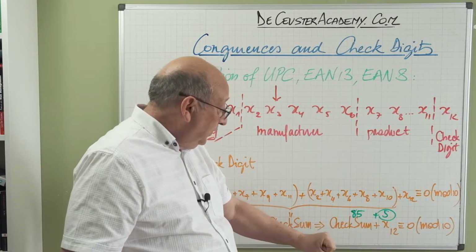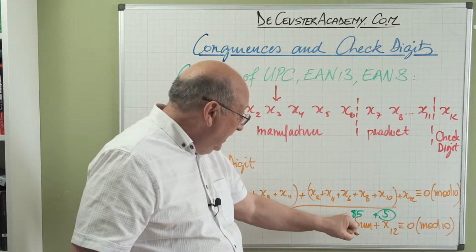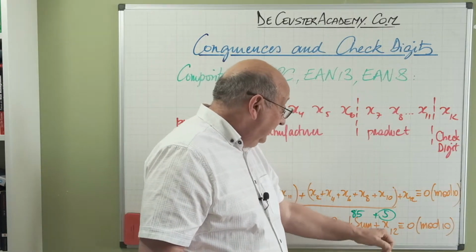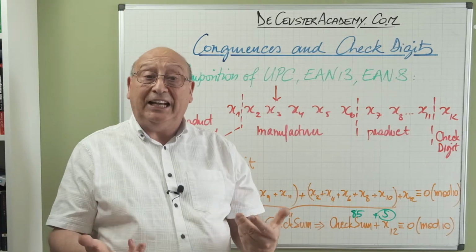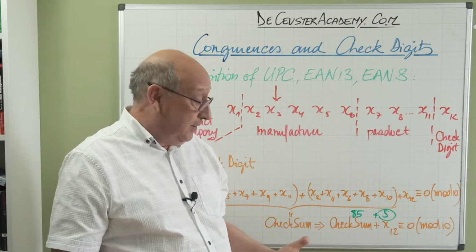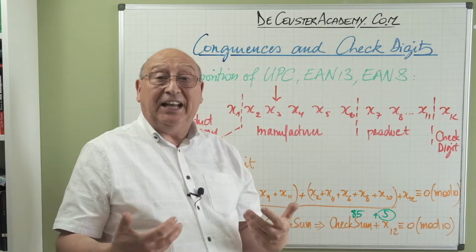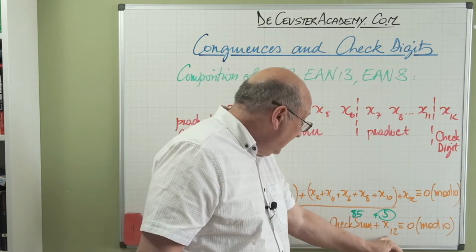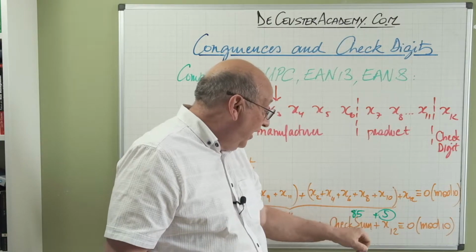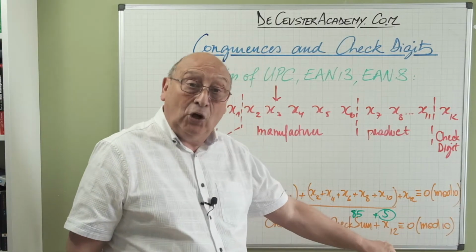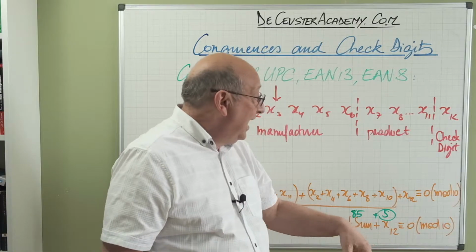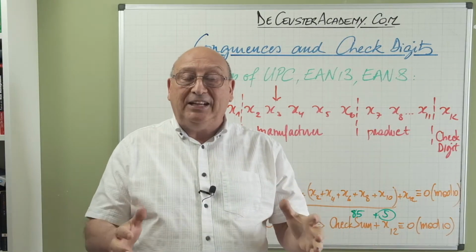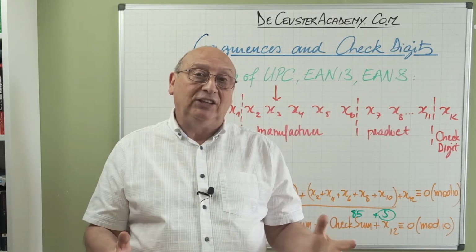So basically what we find when we have the checksum, in this case we find 85, we have to add the number which goes to the next multiple of 10. 85, the next multiple of 10 is 90. So basically when we have a checksum of 85, we have to add 5 as the check digit. Let's do some exercises based on the UPC coding system.